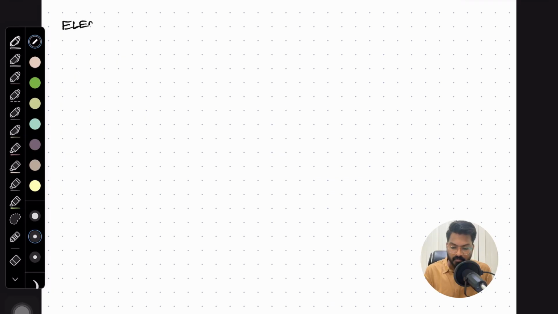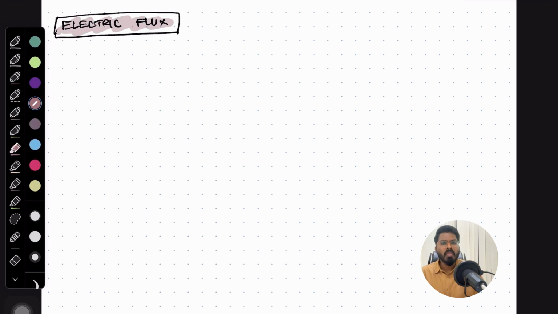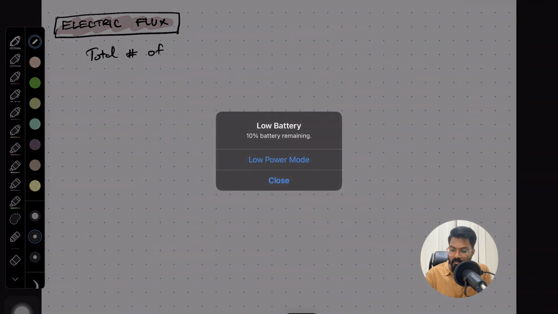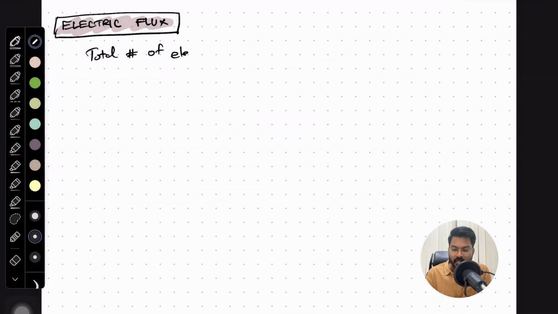The next idea is called electric flux. Electric flux is the total number of electric lines passing through an area normally.